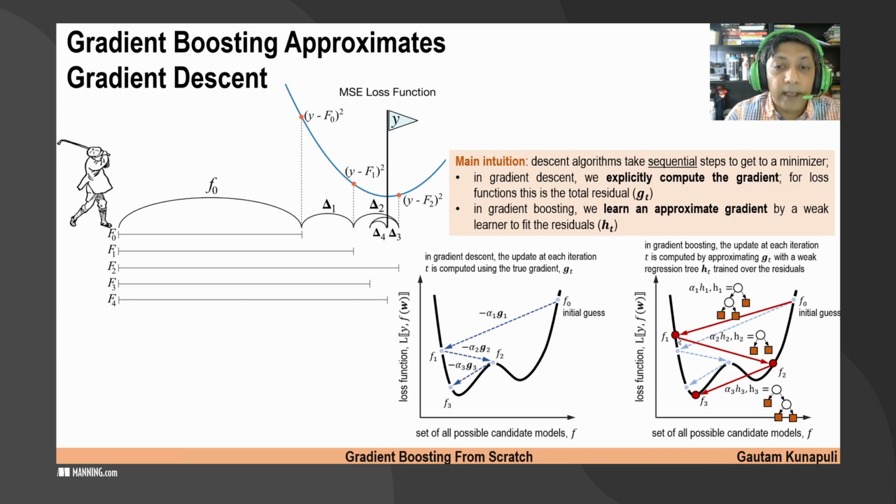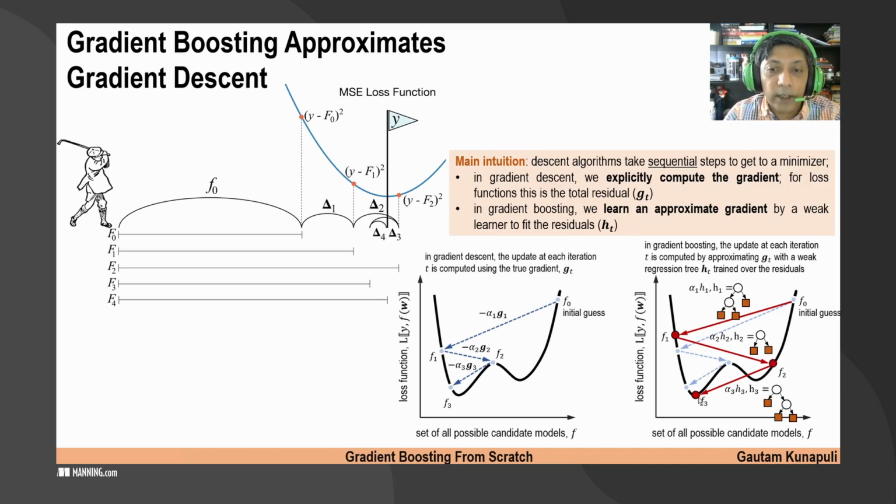And now from here, you compute the gradient again, and then you learn a weak learner, a weak estimator. And now your new model is going to be F0 plus H1 plus H2, right? So you've sequentially added a weak learner to it. And now you're going to repeat it.